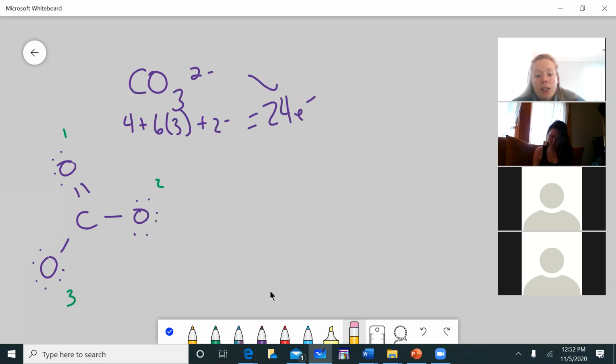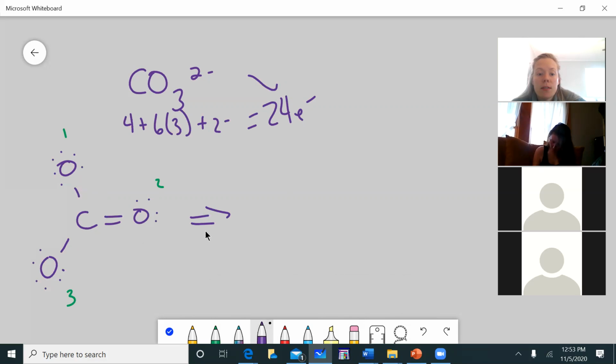So that'd be a correct structure. I could also have put the double bond here on oxygen 2. Could I have done it on the 3? Yeah, I could have done it on the 3 as well. So all of those are correct structures.